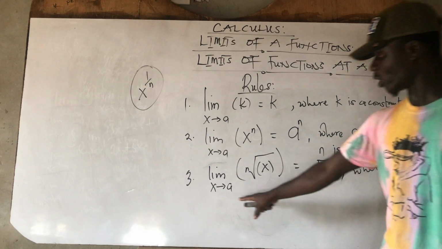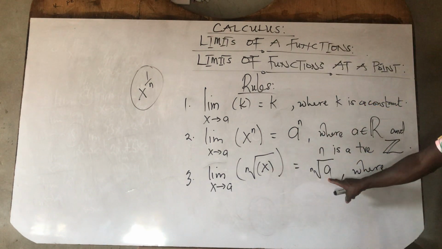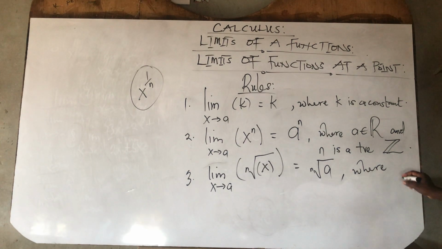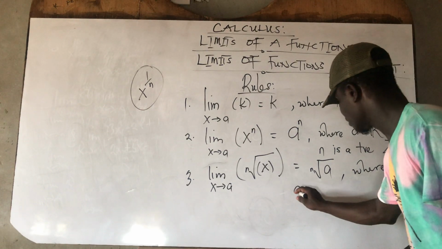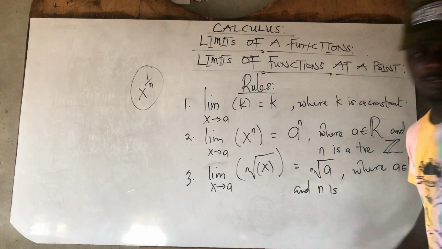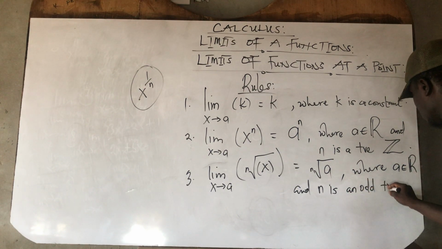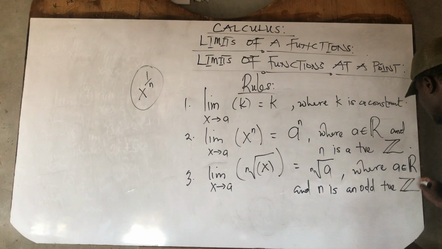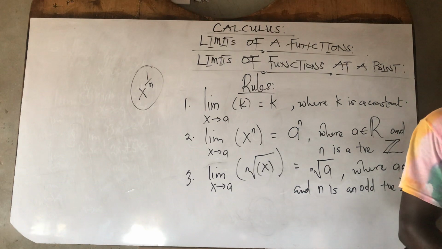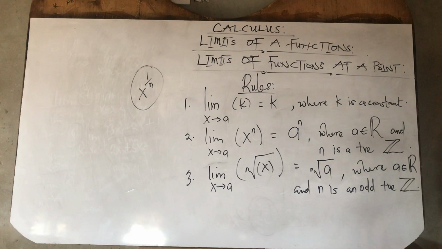The nth root of a, because wherever you see x, you plug in a. So we get this, where a is a member of R, and n is an odd positive integer.